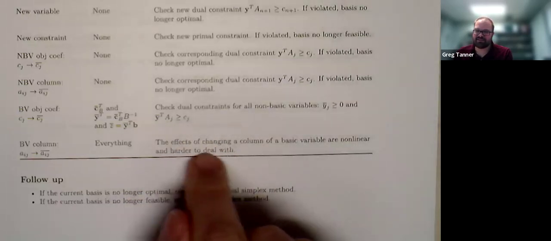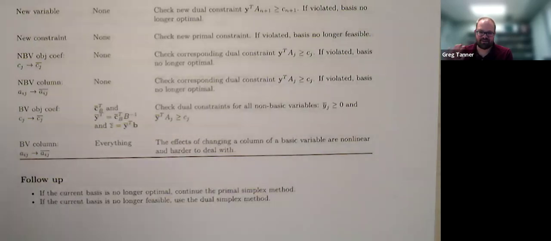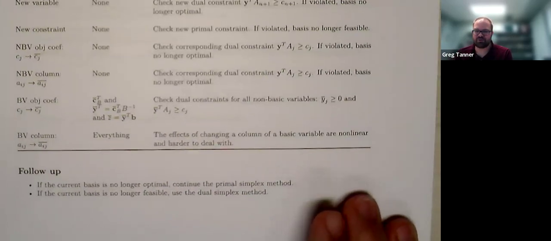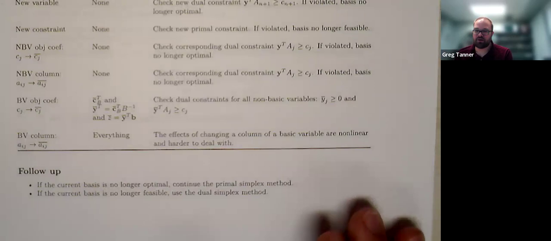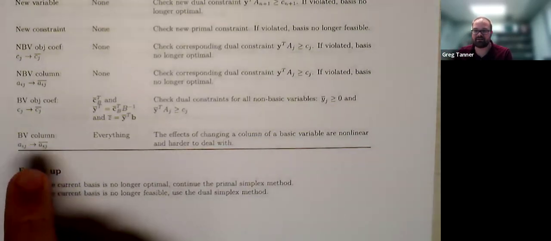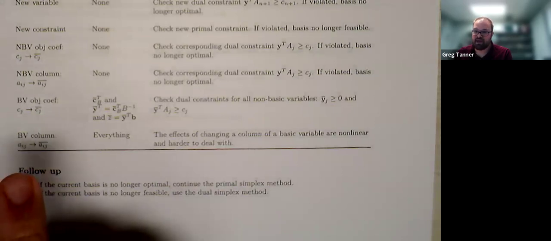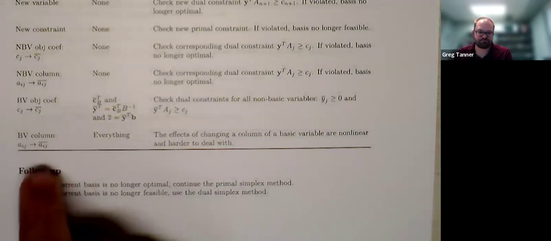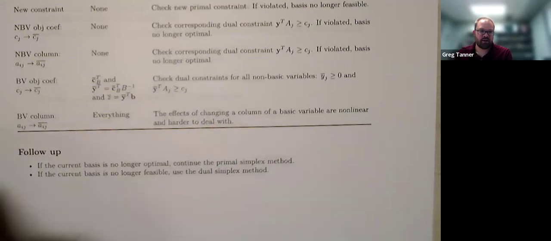I once tried to show an example of what changes here. You get a lot of rational functions, and it's not at all simple or easy to deal with. You might as well think about a specific change that you might make, and then make that change and see what the effect is. Okay.